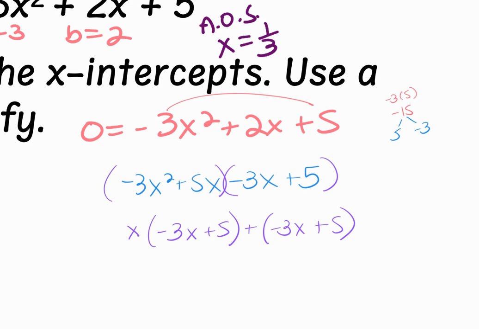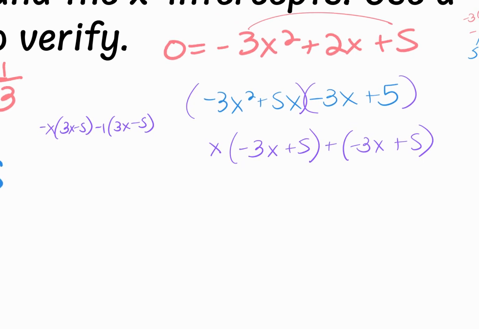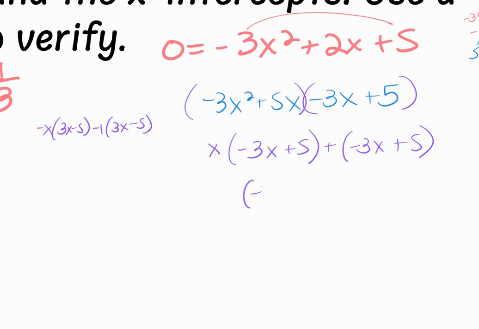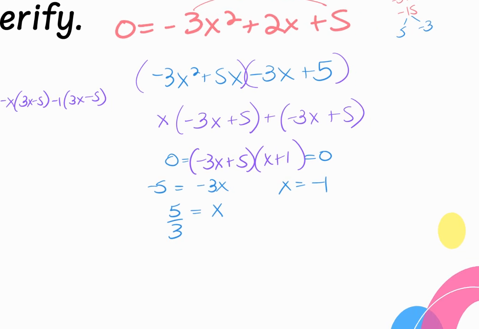If you had made the x negative, then I could have gotten negative x, and then it would have been 3x minus 5, and then I would have had to grab a negative 1, 3x minus 5. Same answer will result in the end. So now I get negative 3x plus 5 and x plus 1. And then I split and solve. So negative 3x equals negative 5, and x equals 5/3, and x equals negative 1.